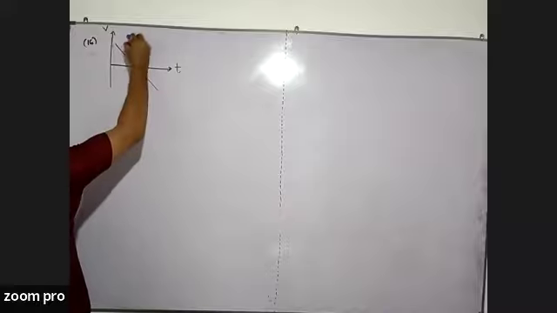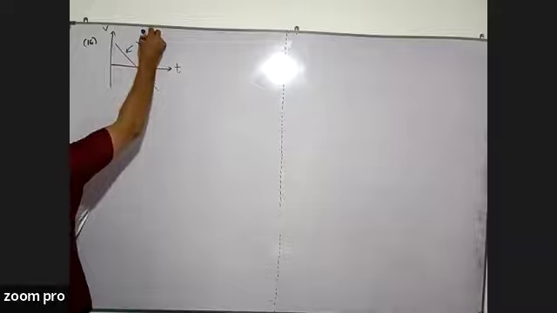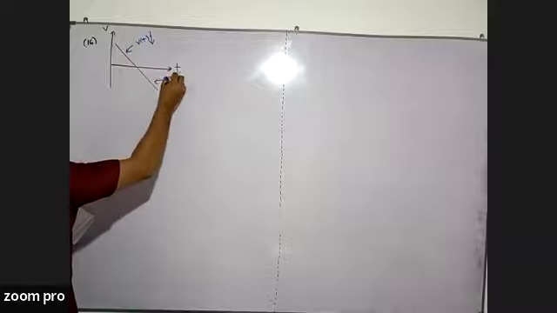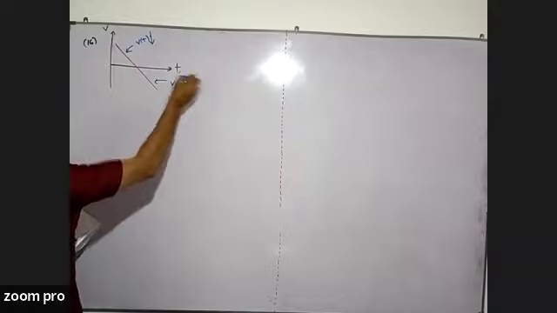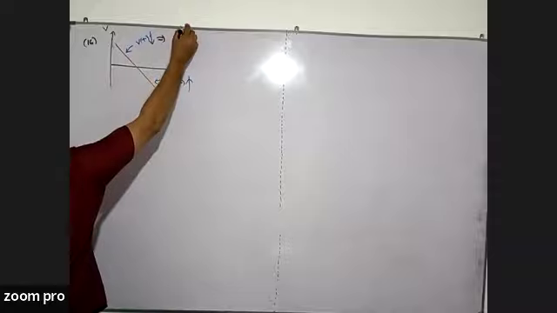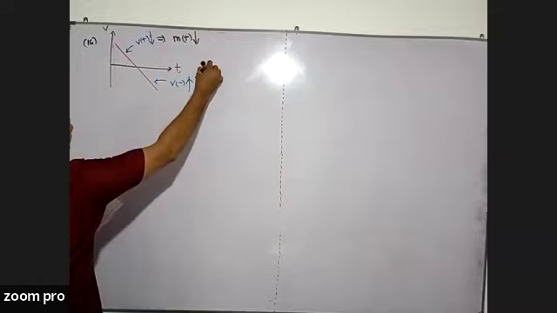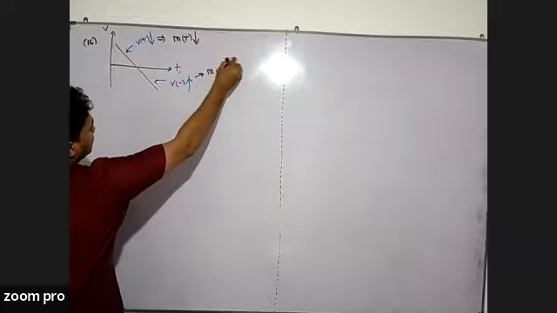In this instance, velocity is positively decreasing, isn't it? Positively decreasing. Here, velocity is in the negative axis, that means negatively increasing. Now the gradient of the displacement time graph should also be positively decreasing, and then negatively increasing.